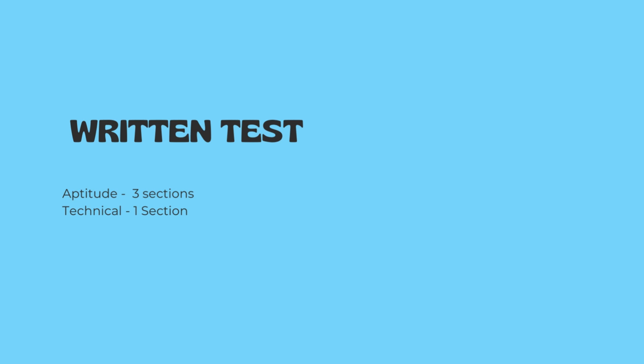After that there is a technical section covering all the topics of the entire BTech, with only basic questions. With just basic knowledge of each concept and subject, you can easily crack this written test.